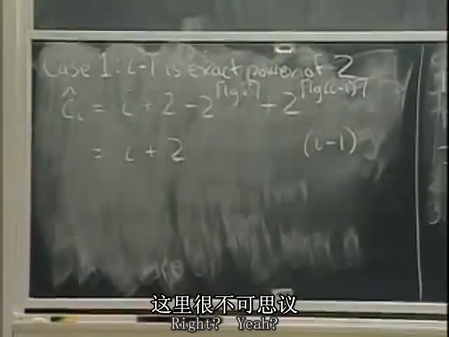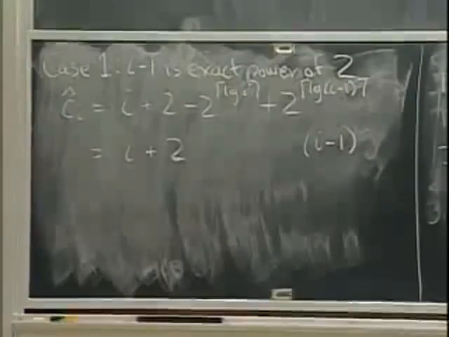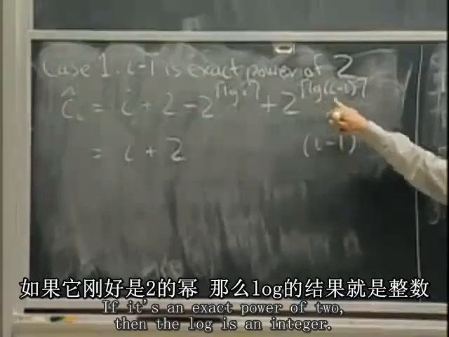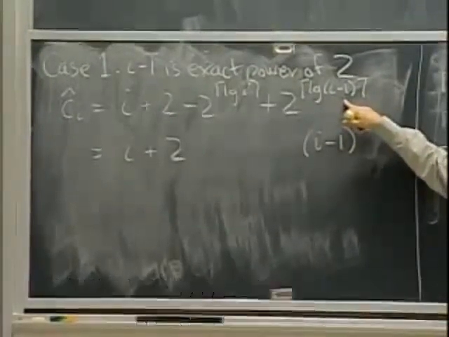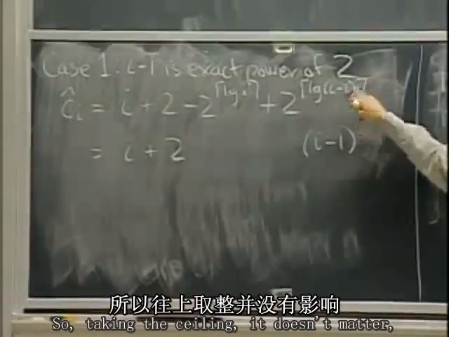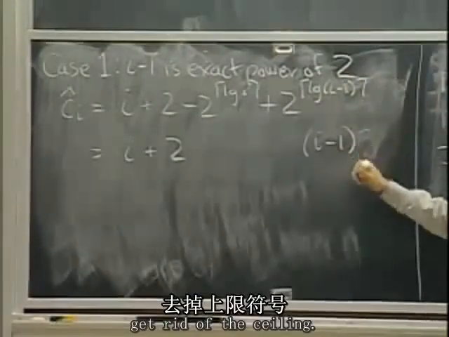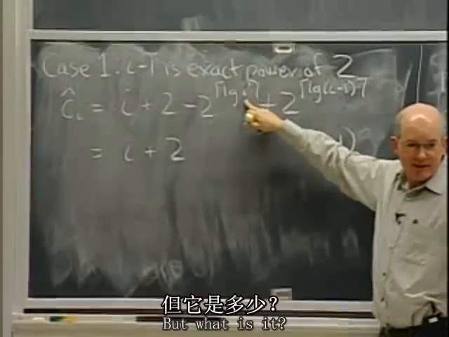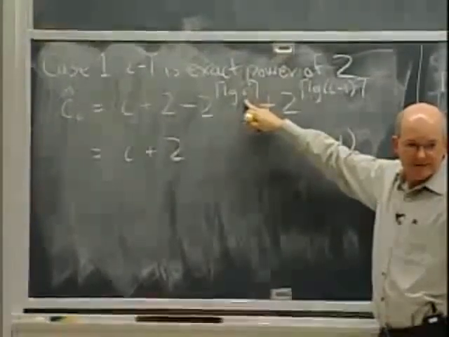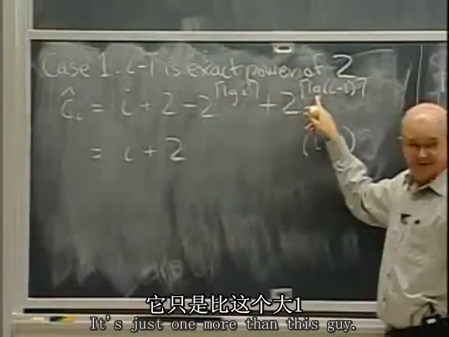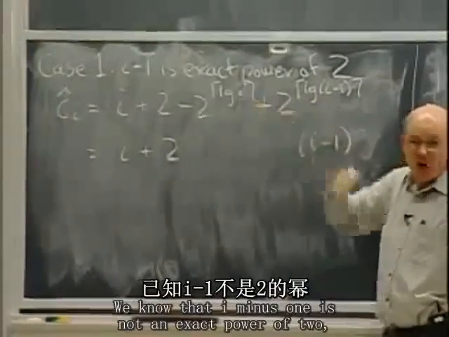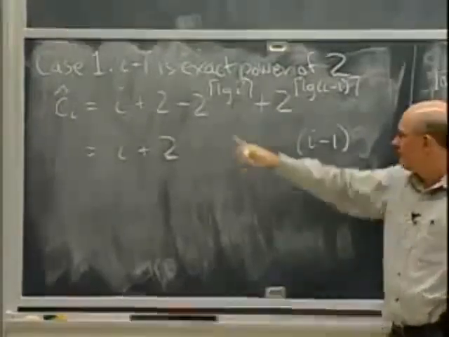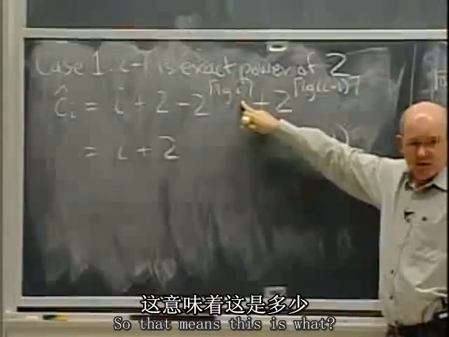If it's an exact power of 2, then the log is an integer, so taking the ceiling doesn't matter. Get rid of the ceiling. This one, however, is not an exact power of 2. But what is it? It's just one more than this guy. We know that I minus 1 is an exact power of 2, so it's going to be the next bigger one.